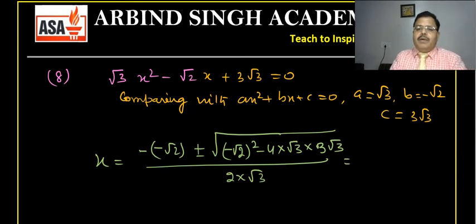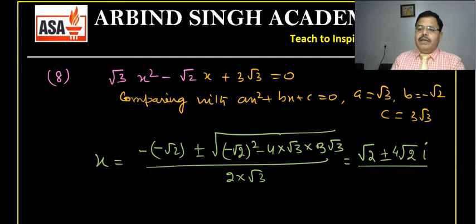So that will come up like root 2 plus minus root under 2 minus 4 into 3 into 3, that is 12, 12 3s are 36. So 2 minus 36 is minus 34, or rather root under minus 32, and root under minus 32 can be written as 4 root 2 iota, divided by 2 root 3.